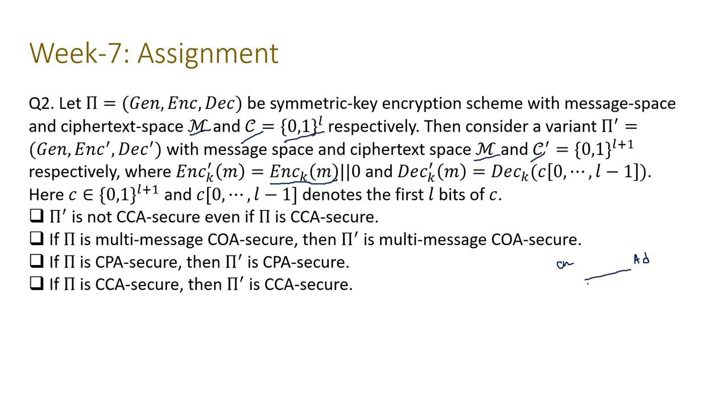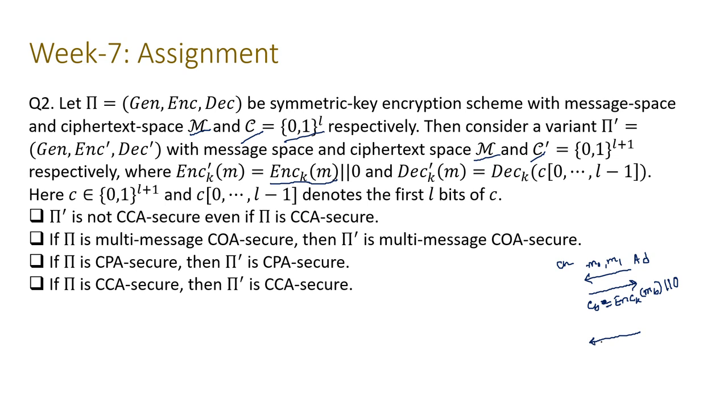In the challenge phase, the adversary has queried with 2 messages of its choice, as is always done in the encryption scheme security game, and the challenger has replied with a challenge ciphertext CB, which is the encryption of one of them. Now CB has this form: encryption of MB under the key K, appended with a single 0 bit.